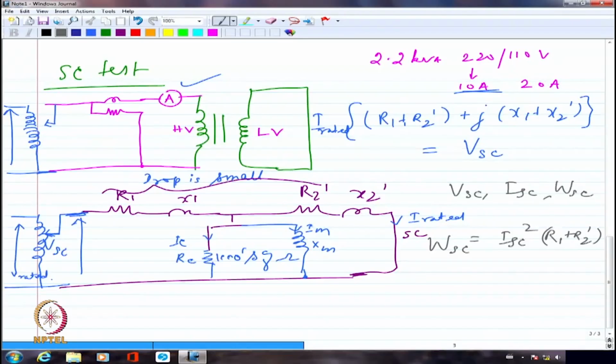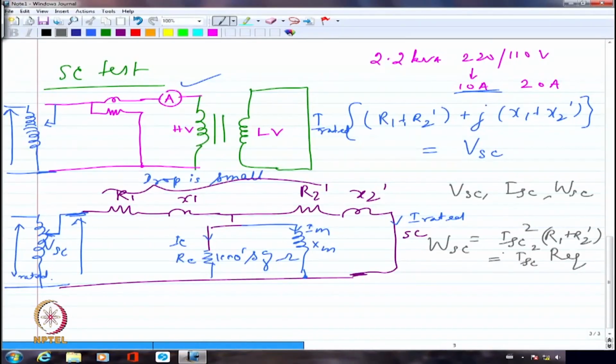If I had measured the resistance of the primary winding right at the inception stage, then it is different. Otherwise, R1 and R2 dash, similarly X1 and X2 dash, would be very difficult to segregate. I would only get the total value, so I may call this R equivalent.